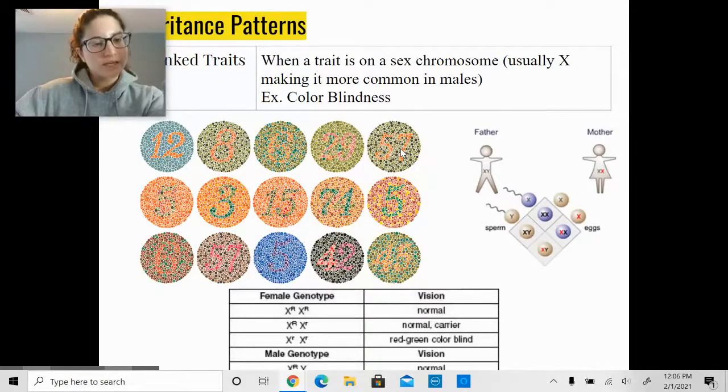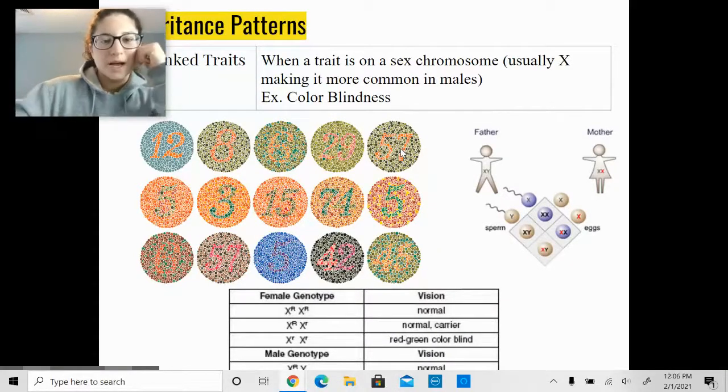They're called cone cells. So you are missing either red cone cells or green cone cells. And that means that your eyes are picking them up as the same color. So you see red and green as the same color. So that means if you're looking at these circles right here, you can't see that there's a 12, 8, 6, 29, 57, etc.